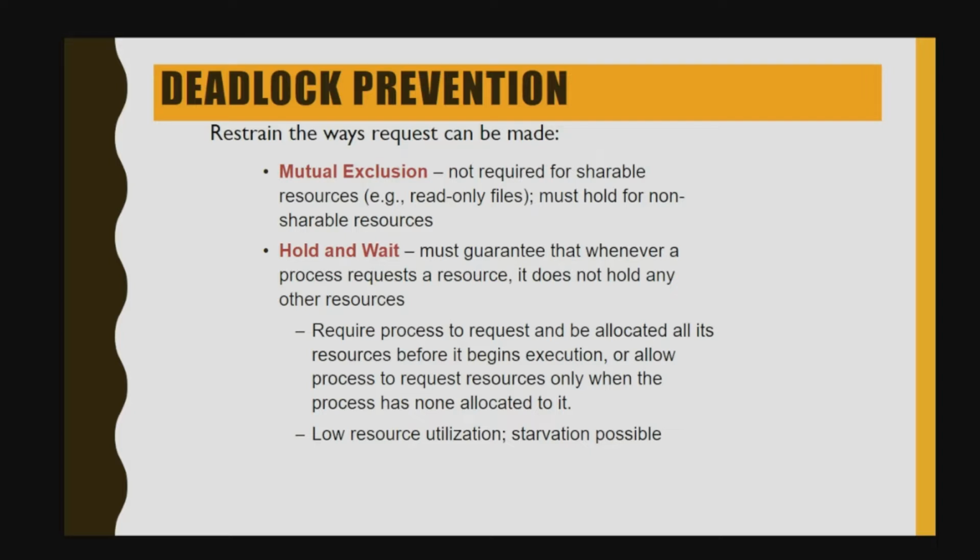So, require the process to request and be allocated all its resources before it begins to execute, or allow the process to request resources only when the process has none allocated. This means low resource utilization, and starvation might occur.